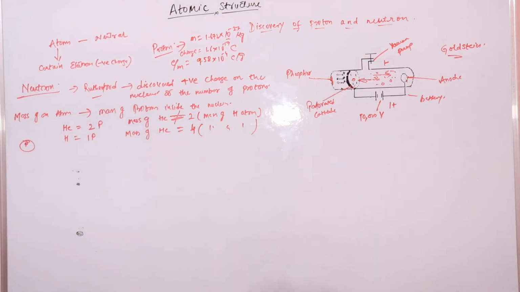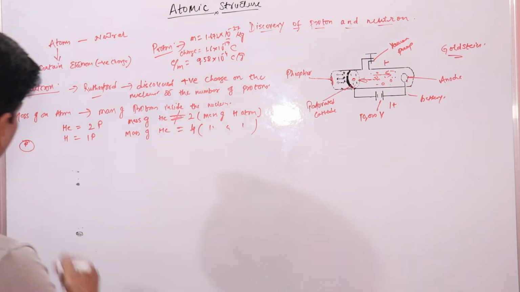Since Rutherford proposed the existence of neutral particles in the nucleus of atoms but could not prove it experimentally, there was another scientist named Chadwick.